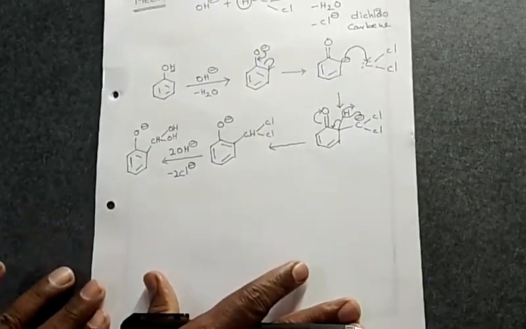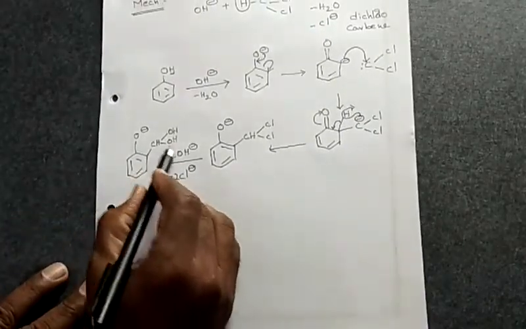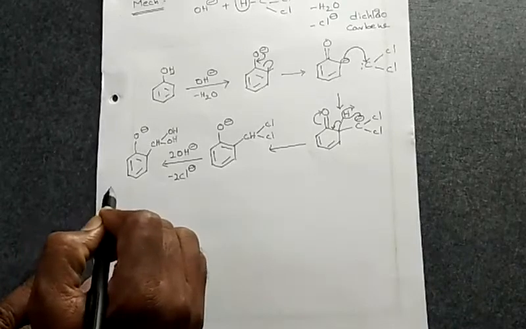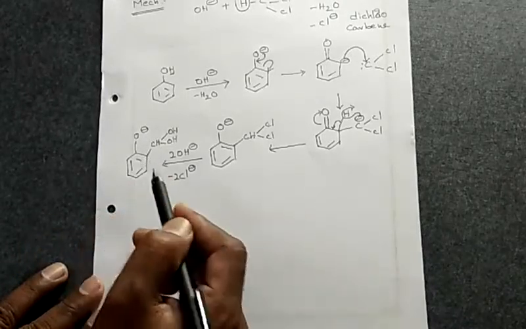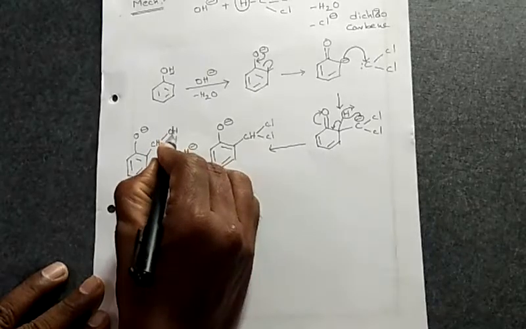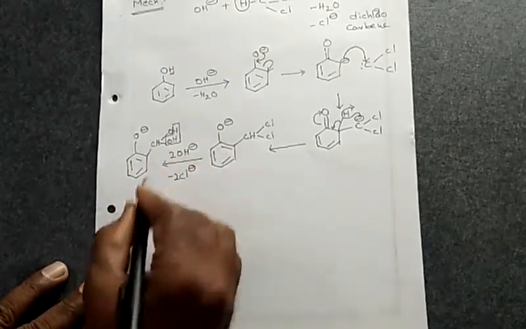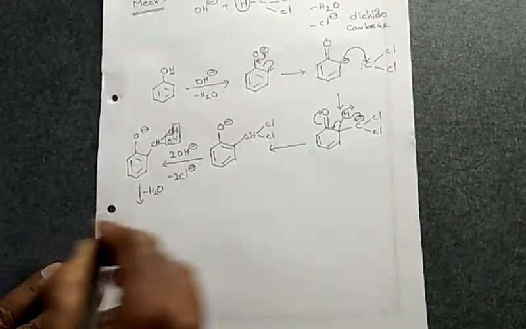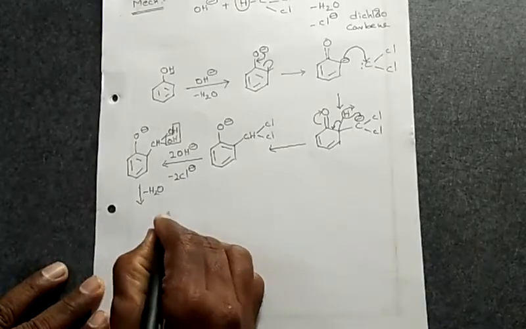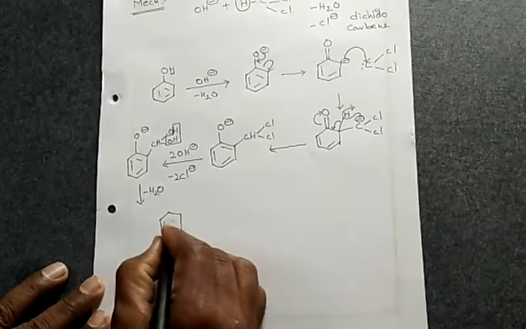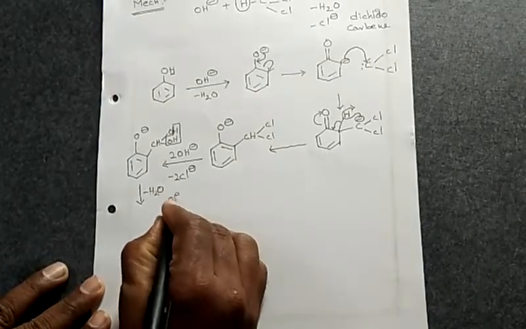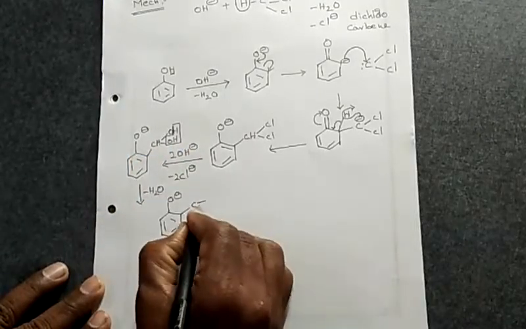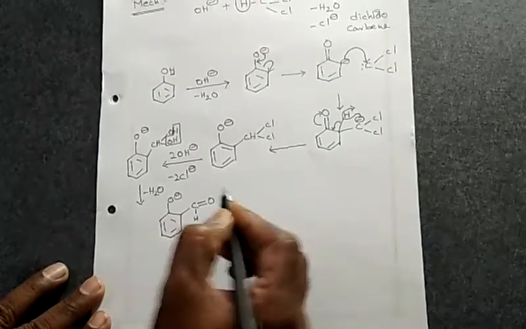Now please observe this particular point, dear students. We all know if 2 OH groups are present on the same carbon, the molecule becomes less stable. It regains its stability by losing water. So out of these 2 OH groups, one water molecule is removed. Automatically it loses that water molecule, so that it has become an aldehydic group. So now this is O minus, this becomes C double bond O, and this is the already existing H, right?